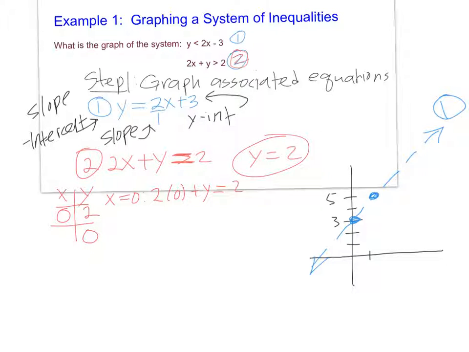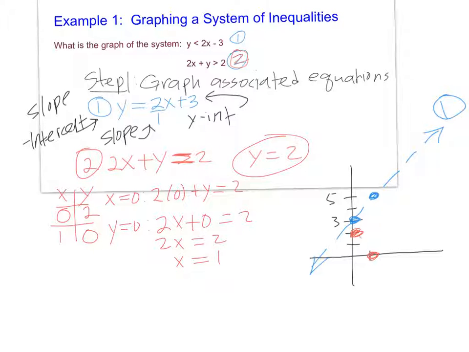I do the same thing, except now I let y equal 0. I end up with 2x plus 0 equals 2, or 2x equals 2. Divide both sides by 2, and I get x equals 1. So I have an x-intercept at 1 and a y-intercept at (0, 2).